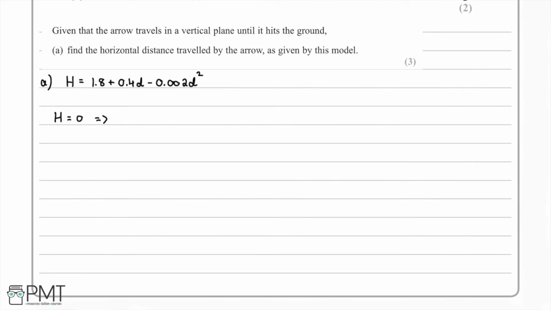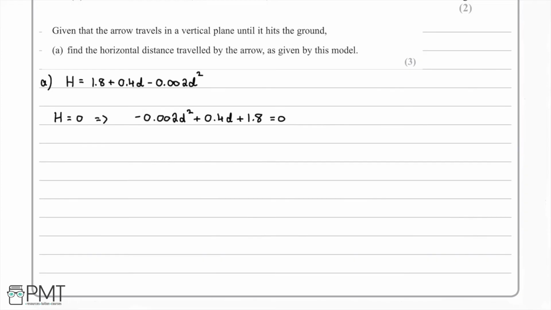So therefore, we'll have the following equation, and we can say that negative 0.002d squared plus 0.4d plus 1.8 is going to be equal to 0. We can then solve this equation and find out what d is. We can't factorise this because the numbers are slightly trickier, so what we can do is make use of the quadratic formula.